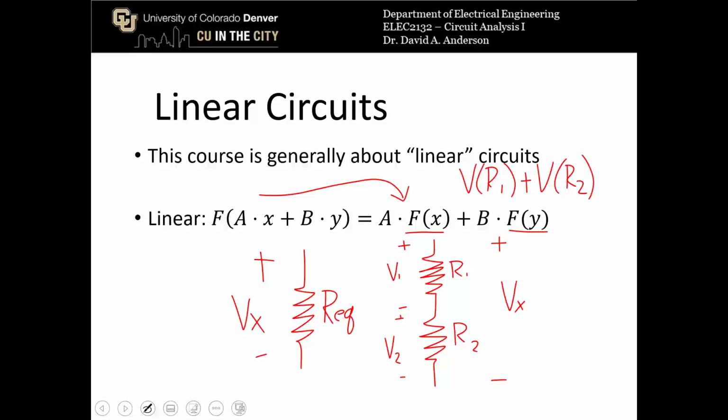Combining the resistors into R equivalent would be V of R1 plus R2.